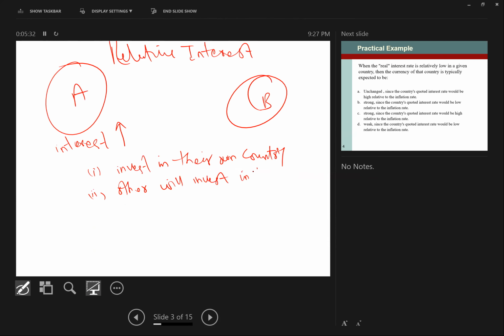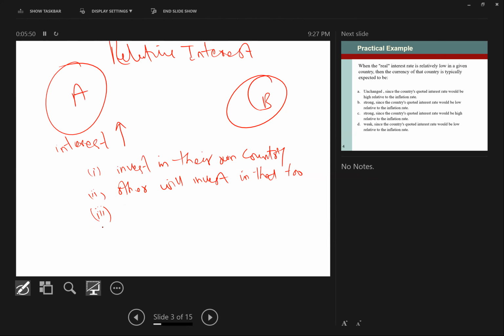So demand for foreign currency will decrease and supply will increase, so the exchange rate will be lower.